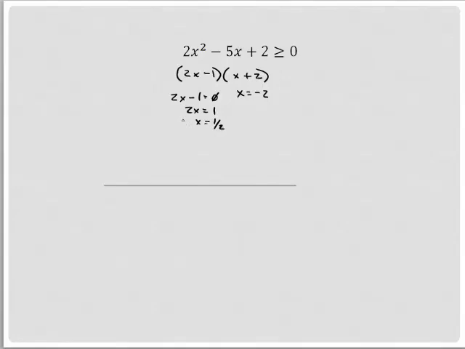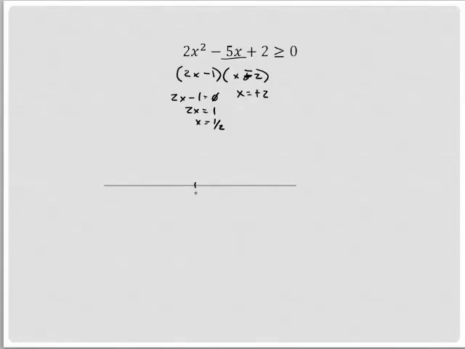So our pinpoints are 1/2, and I'm sorry, this should be negative. So we got negative 2, negative 1x, and negative 4x gives us a negative 5x. Thanks for catching that. Okay, so that would make this a positive 2.